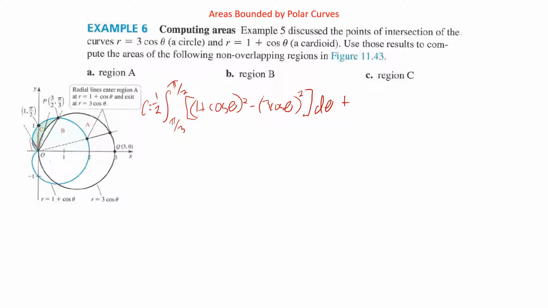This is just the cardioid. The radius won't intersect the circle first. So that's just going to be the cardioid from pi over 2 to pi. So we'll have 1/2 integral from pi over 2 to pi of the cardioid, which was (1 plus cosine theta) squared d theta.